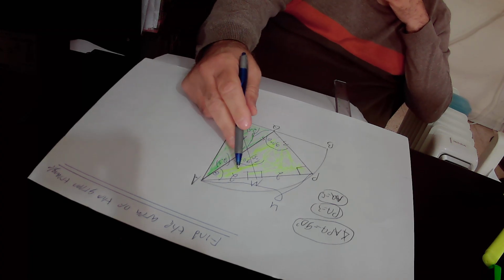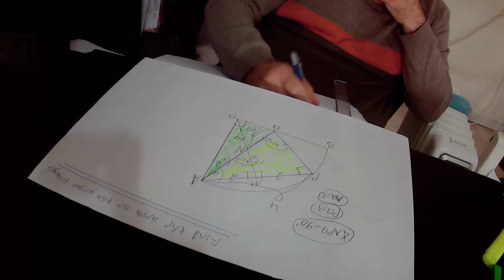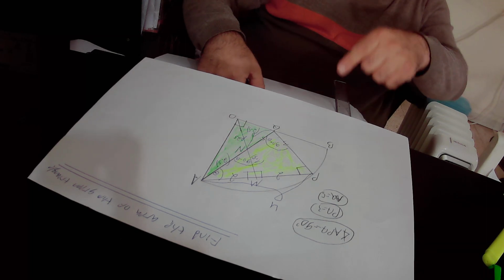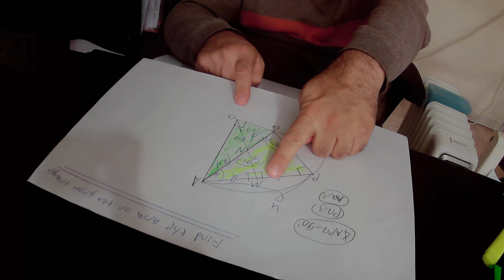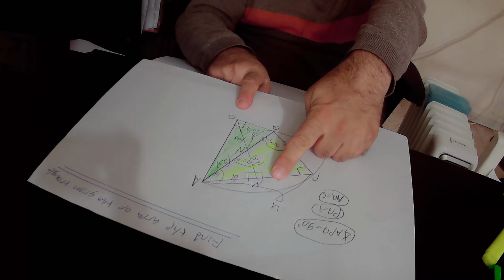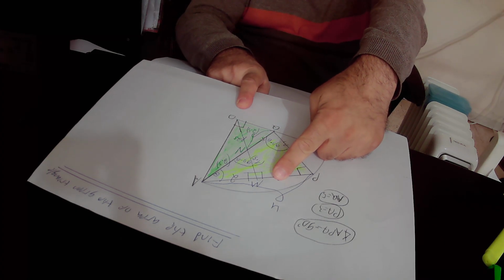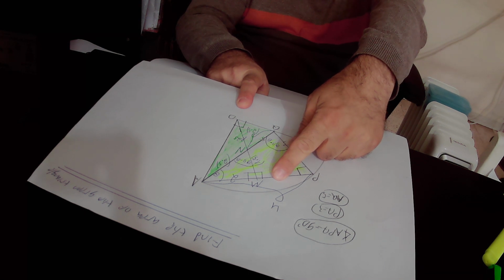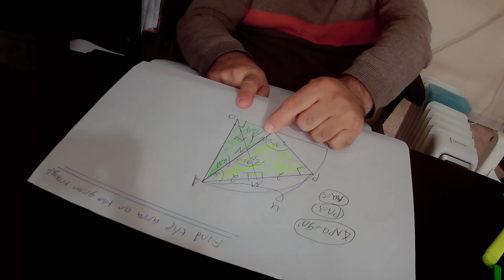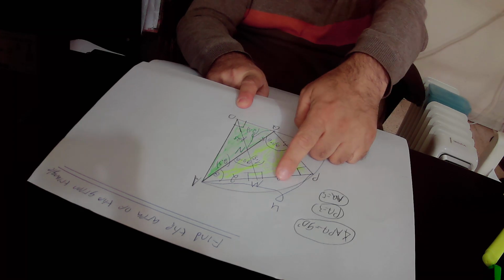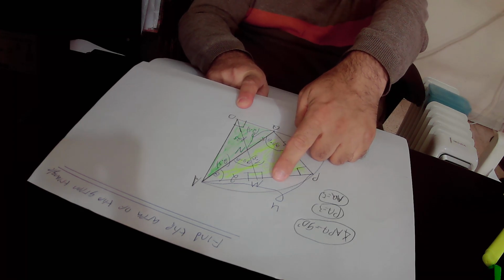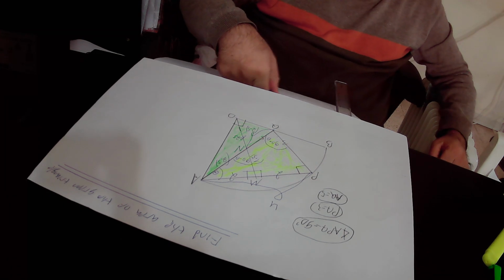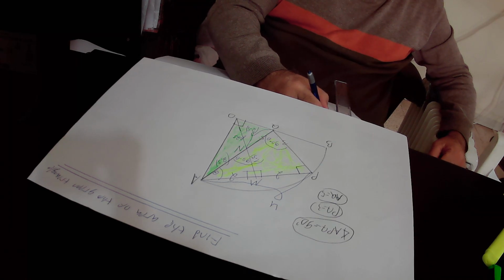Side AM equals 2 units in its length. What is the length of side MO, triangle AMO? From the drawing it is easy to see that MO equals MN plus NO. MN is 1.5, NO is 2.5. So in total MO equals 1.5 plus 2.5, that is 4 units. So MO equals 4 units in its length.